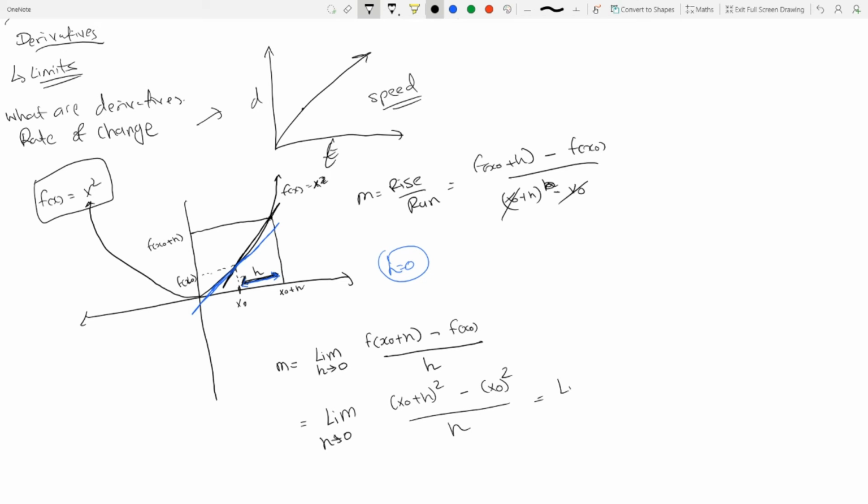You expand that, and it's equal to x naught squared plus 2x naught h plus h squared minus x naught squared over h.